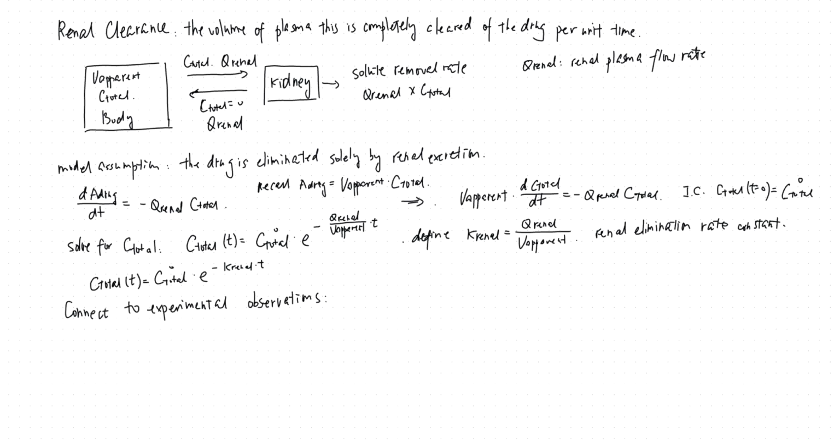Define Q urine as urine flow rate. We also define C urine as the concentration of the drug in the urine.